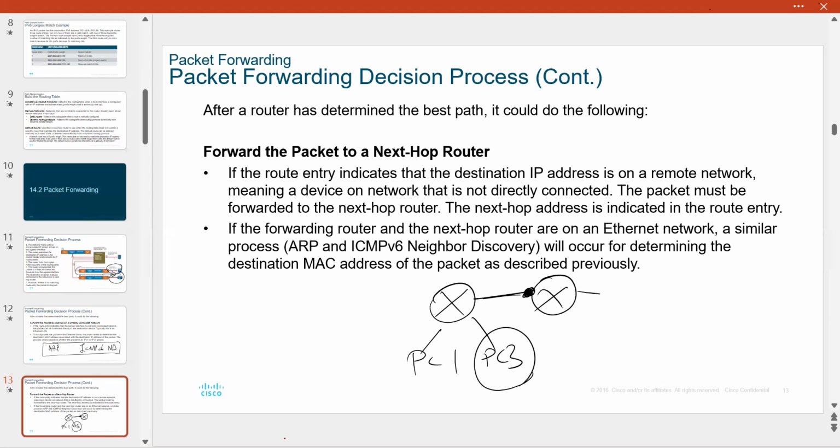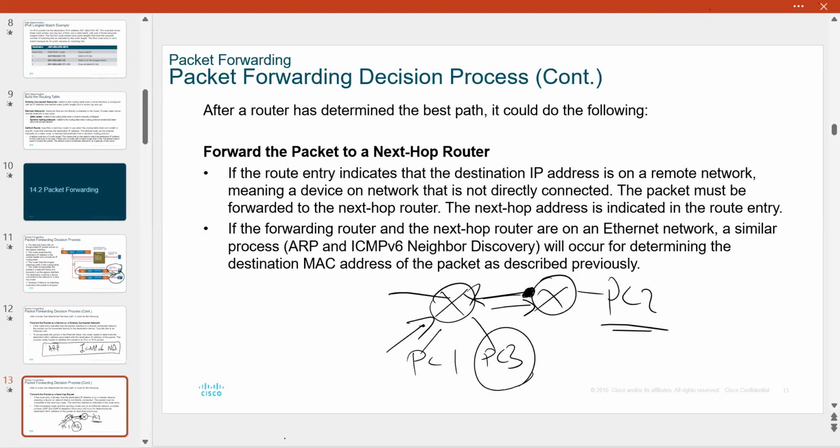Let's say today we send to PC2, which is a remote network. The packet from PC1 is analyzed and the router looks for the longest match, then exits via this exit interface to the next hop router. We have the next hop router address but not its MAC address. How do we get the MAC address?